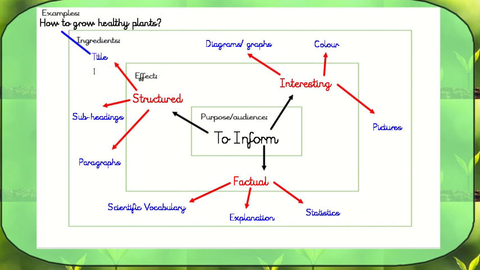Next, you could think of some of your subheadings. Okay, what could our subheadings be? Well, perhaps you'll have a subheading on what a plant needs to grow. Or perhaps you have a subheading on light. Plant parts. Or you could have the different parts of a plant.